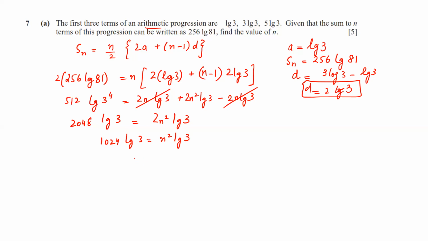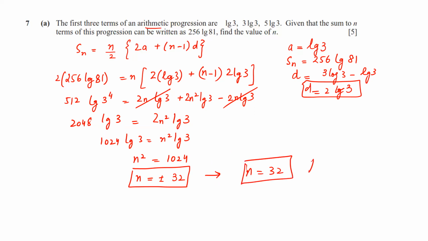So what we are left with is n square is equal to 1024. So n is equal to plus minus 32. Fine. So a number of n terms, so n is equal to 32. That is our answer. So number of terms will always be positive. So this is what our answer will look like.